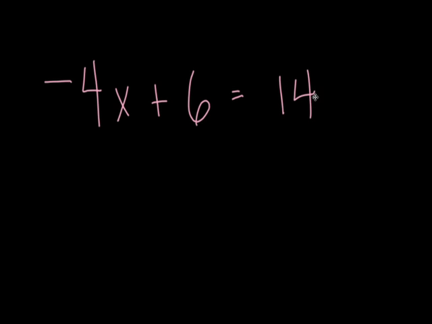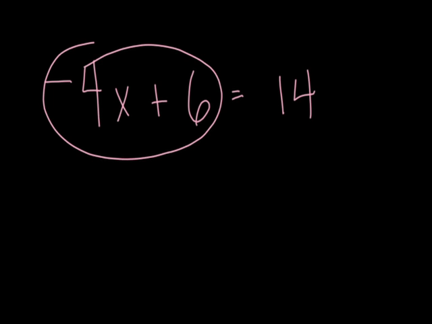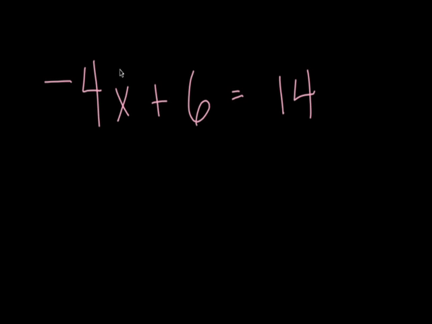So let's start with negative 4x plus 6 equals, how about 14? Okay, so we see that our variables are on the left-hand side, so that's the side we work on.